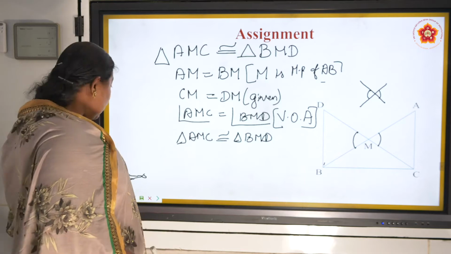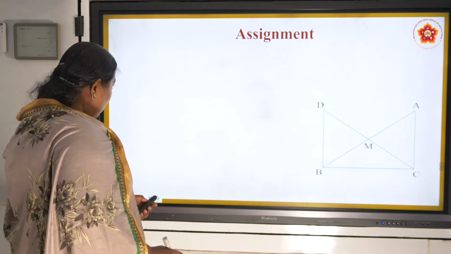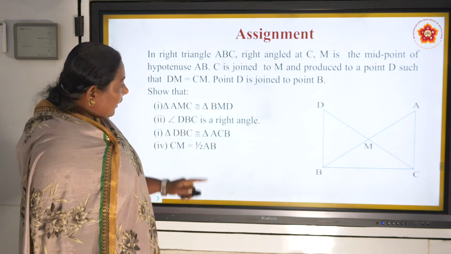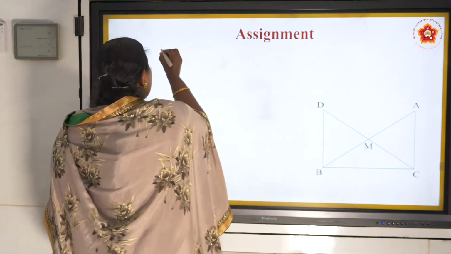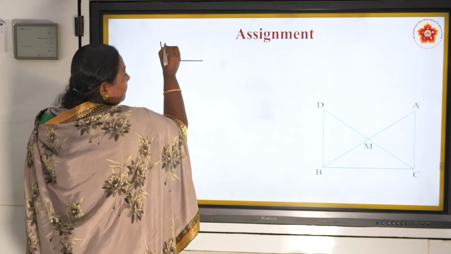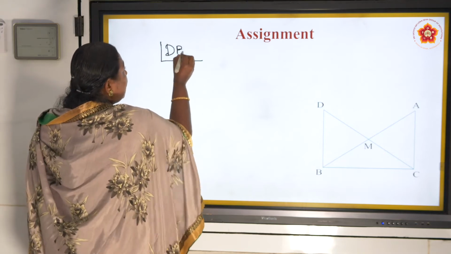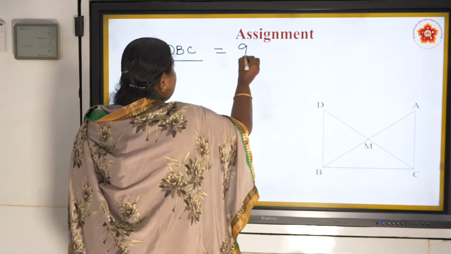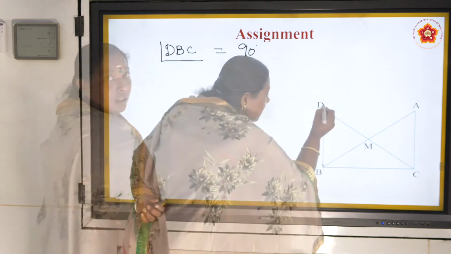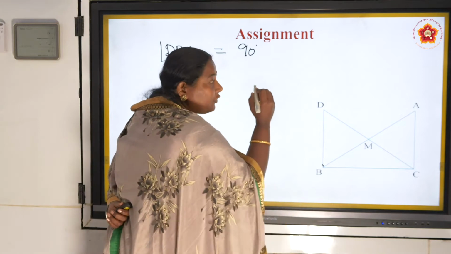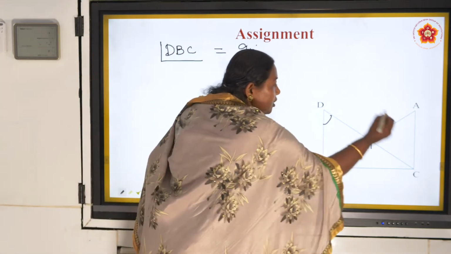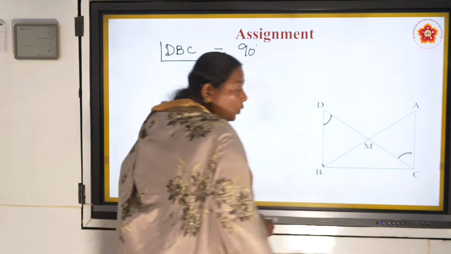Shall we move on to the next one? What do we want next? Angle DBC is a right angle. So in the next proof, I have to prove angle DBC is equal to a right angle, that means 90 degrees. With the help of the first proof, I can tell that these two angles are equal.